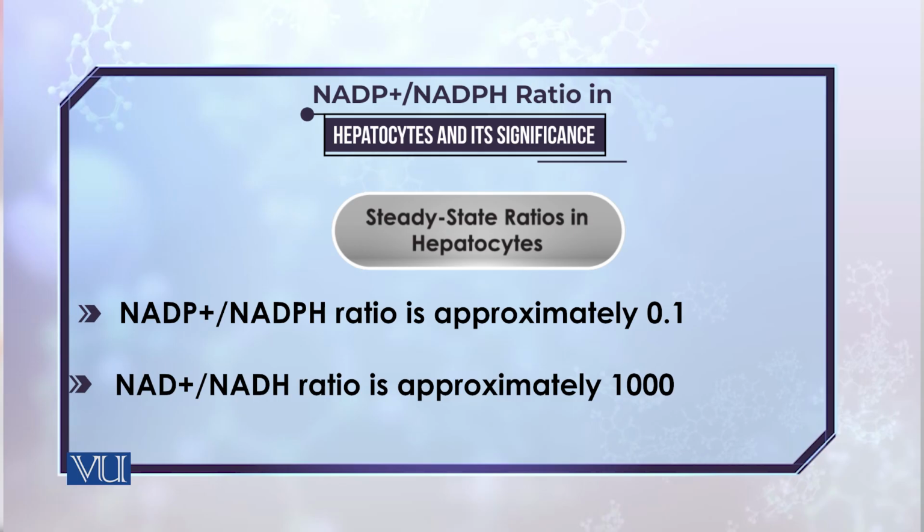It is involved in the reduction of many compounds, while the ratio between NAD and NADH is 1000, which means that NAD keeps up its oxidative ability; its oxidative role is overwhelmingly used as compared to the reducing role of NADH.